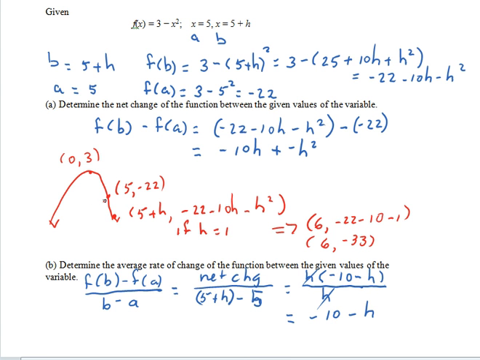And so when we find the slope of the line joining these points, we're going, in this case, down and to the right.